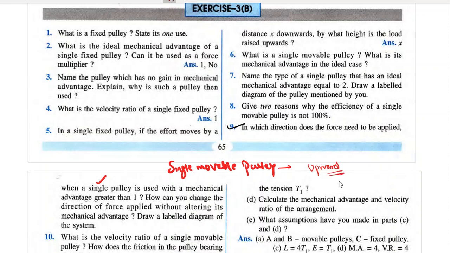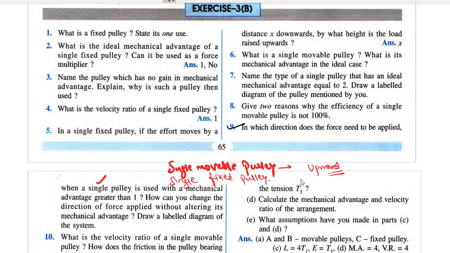How can you change the direction of force applied without altering its mechanical advantage? If you want to change the direction of force applied, you should use one more single fixed pulley. So the combination of single movable pulley and single fixed pulley should be used if the direction of force applied needs to be changed to a convenient direction, and its mechanical advantage will not change.